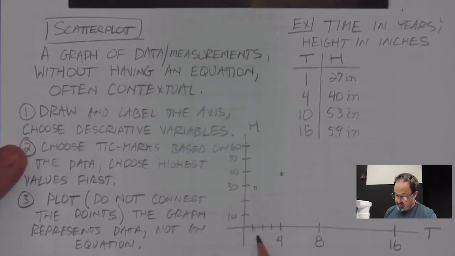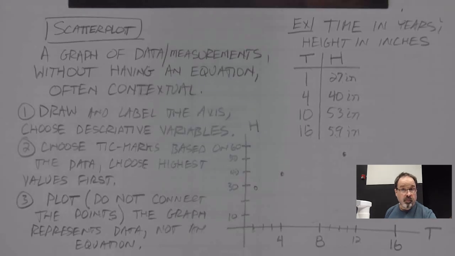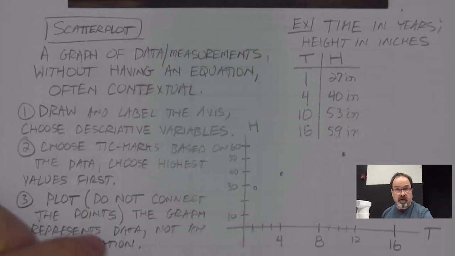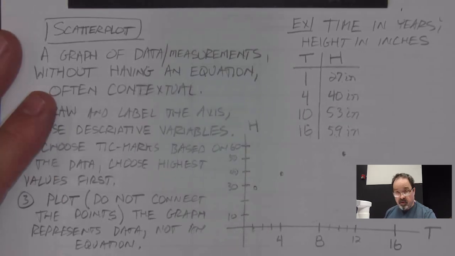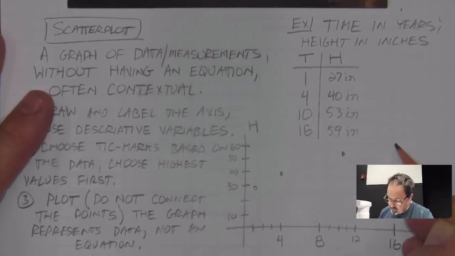Plotting the point (10, 53), if this is 8, this is where 12 is, and I could add some more numbers. 10 would be about here, and 53 is all the way up about here. A straight edge or a ruler can help with points that are in the distance, but I'm approximating them by eye. It's going to be fairly accurate, but not perfect. (16, 59) is the point right about there.